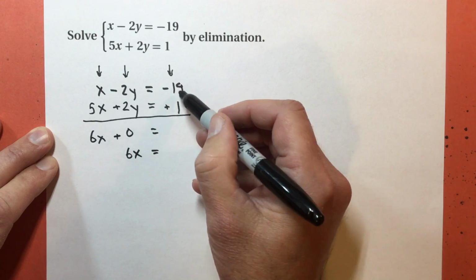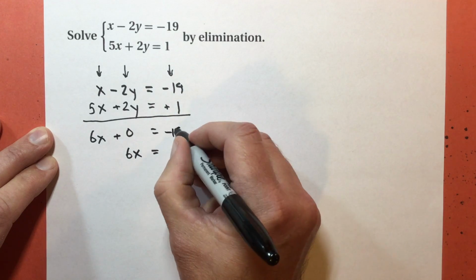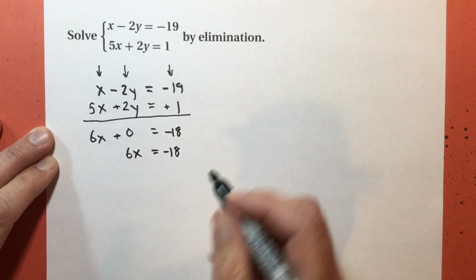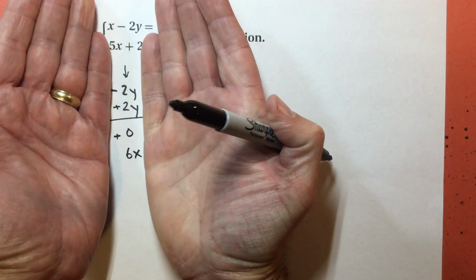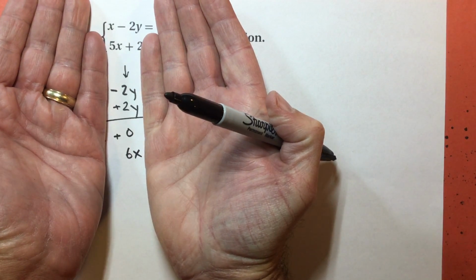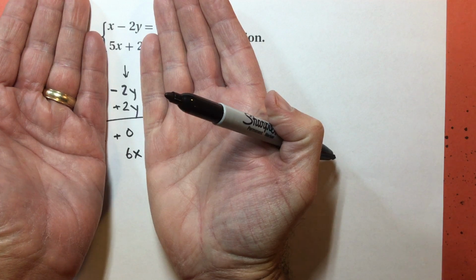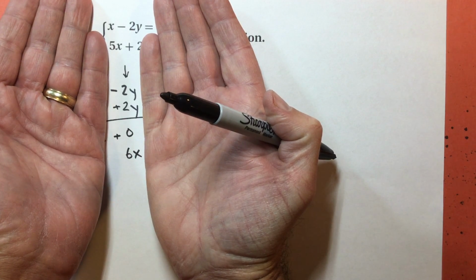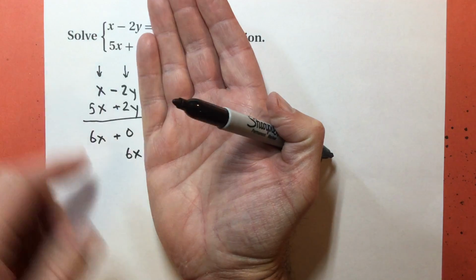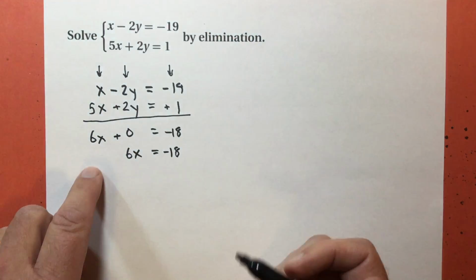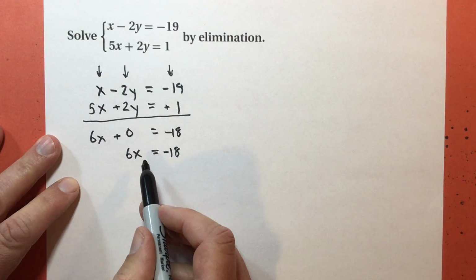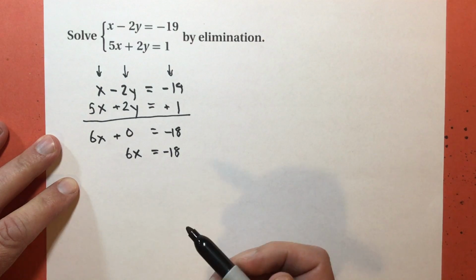On this side, negative 19 plus 1 is negative 18. So what I did was, right here, I eliminated the y's by adding the equations together. Negative 2 plus positive 2 equals 0. And when I add 0 to anything, it just leaves it alone. So I end up with one equation with only one variable.